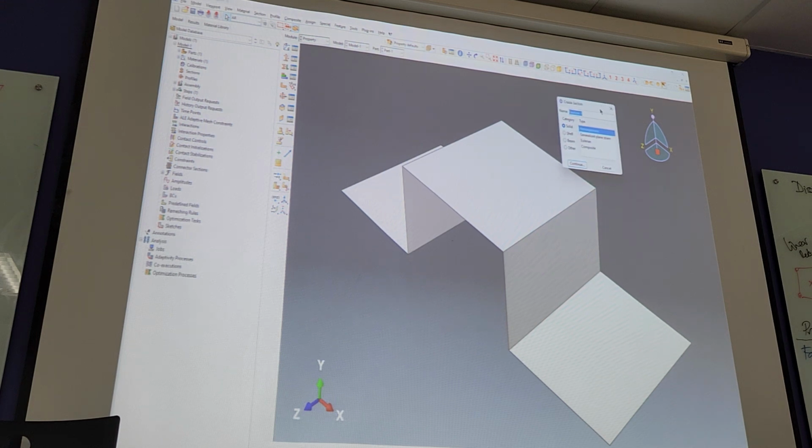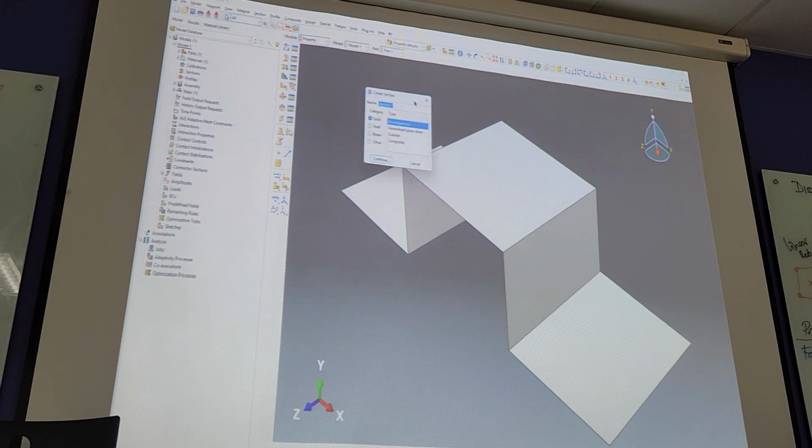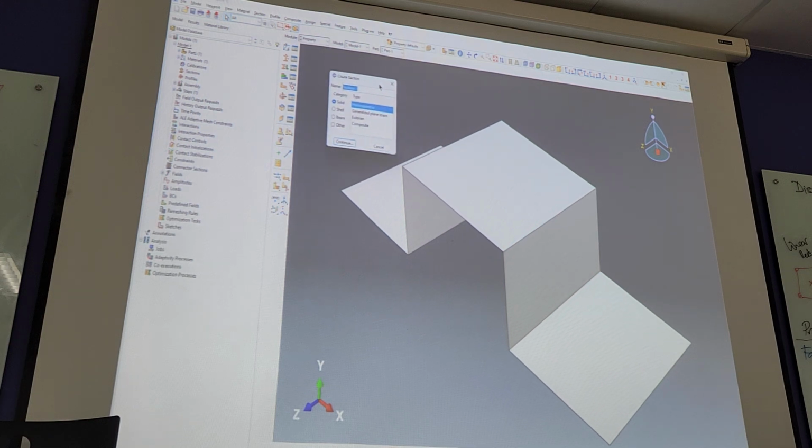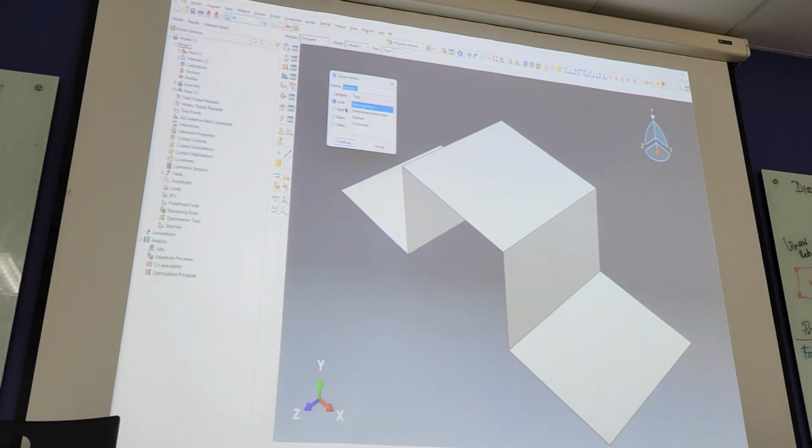Okay, now again, a different thing from what we've done before. When you create a section, in the category here, we used to click solid. We had beam and trusses, we had solid for 2D solid and 3D solid. Now we have to use 3D shell.